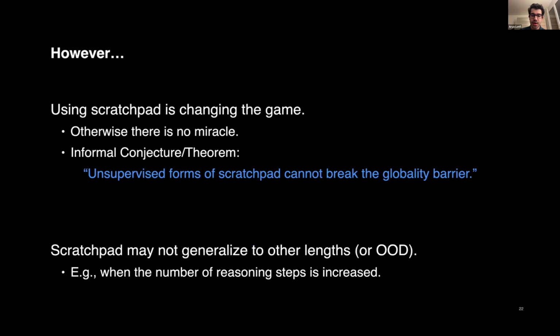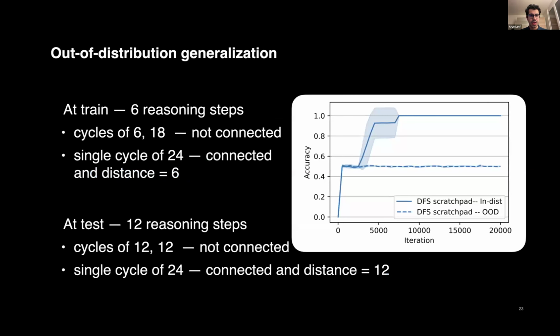And another problem that we'll shortly see is that even when we use the scratchpads, they are not necessarily robust to, for example, OOD samples or samples that require more reasoning. So in particular, we have one example. We take this cycles task with 24 nodes and 24 edges, but with one difference.